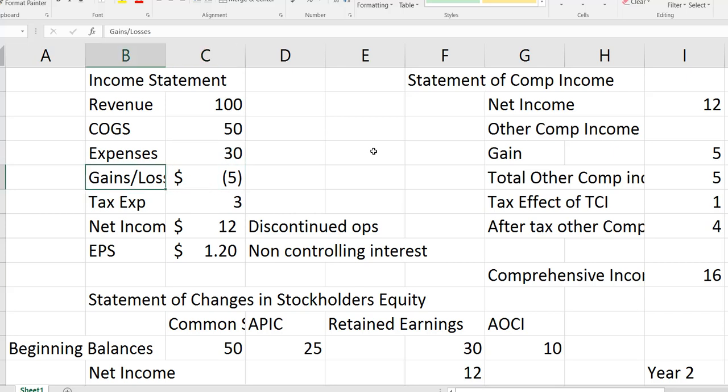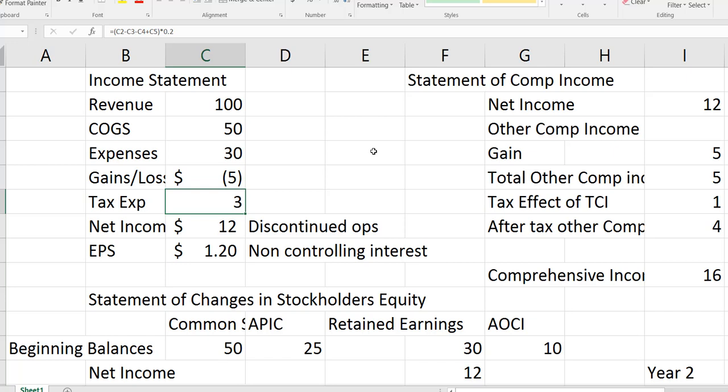And then we have gains or losses, or sometimes you'll see it called other income. Because it's a loss, it's going to be negative. Most companies combine all their gains and losses into one item on their income statement. All of those need to happen before we calculate tax expense.